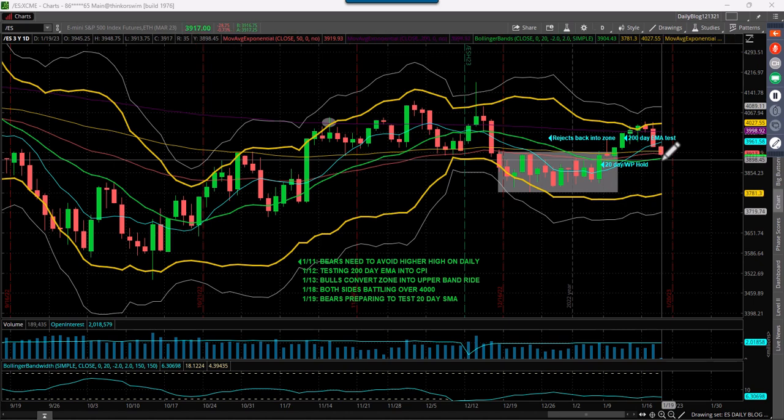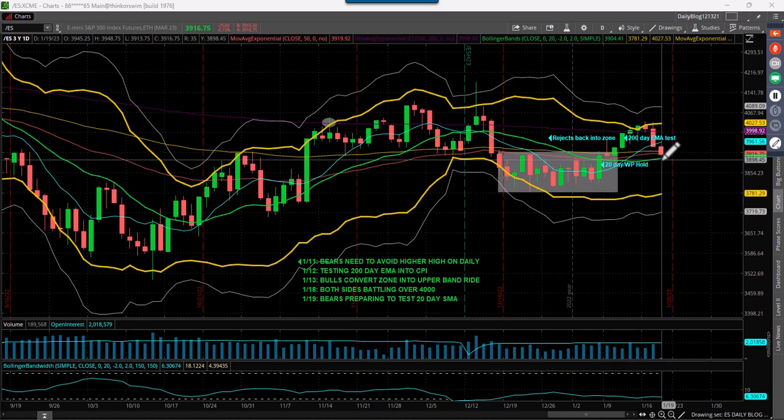Now, when I sit down in the morning and I ask myself, all right, do we buy dips or sell rallies, essentially, especially on shorter term time frames, the main delineator for me that's worked extremely well over more than a decade is whether the instrument we're talking about is trading between the middle band and the upper band, or the middle band and the lower band.